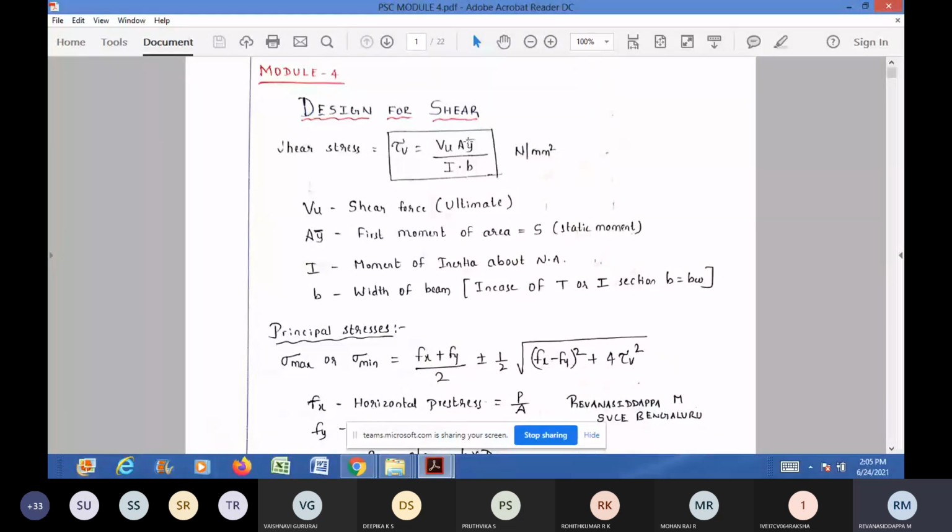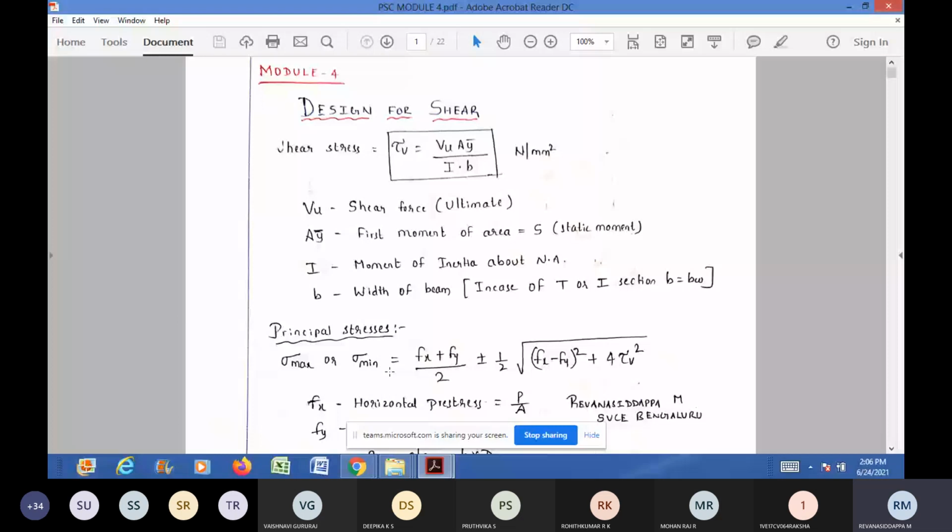And I is the moment of inertia about the neutral axis, and b is the width of the beam. Okay, so this is the generalized formula. I think you are already aware of both the formulae, to find the principal stresses and the shear stress, in strength of materials. You already studied it.